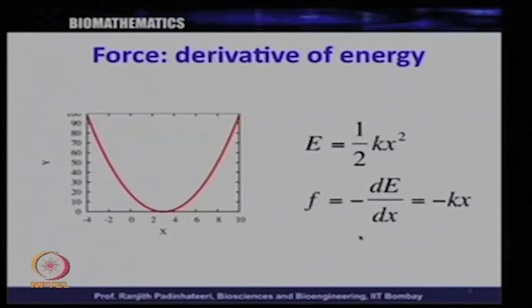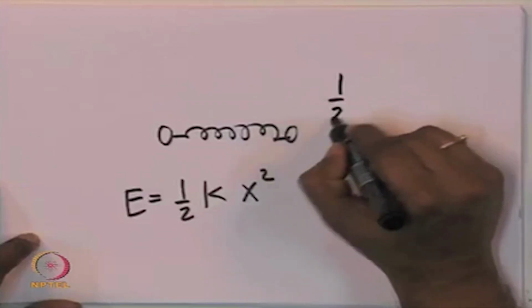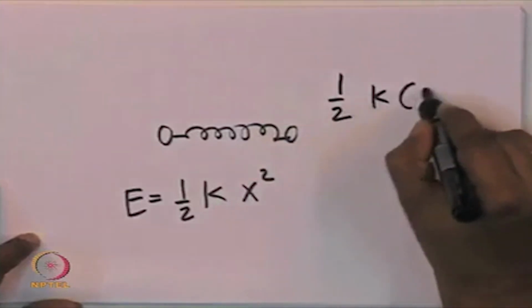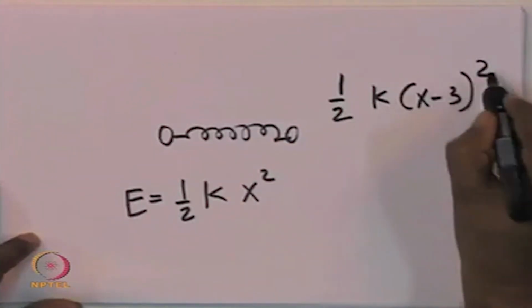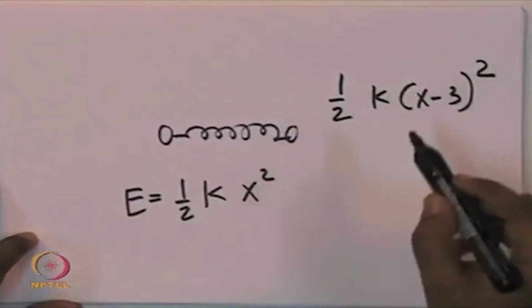So let us calculate dE by dx of half k x square. What is shown here is a plot of half k x square. Actually this is not exactly half k x square, it is half k into x minus 3 whole square, something we discussed in the last class.